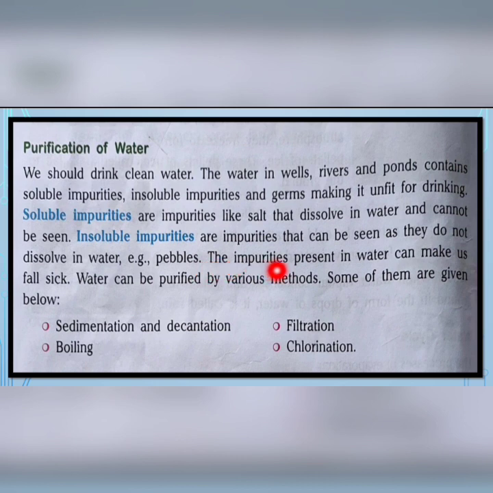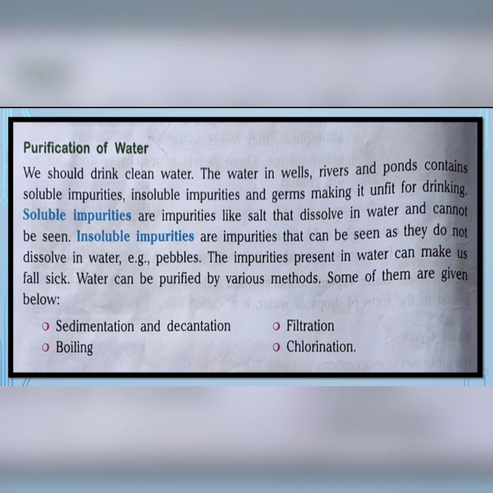The impurities present in water can make us fall sick. So, why we shouldn't drink water directly from a well, river, etc. is because impurities may be there, right?